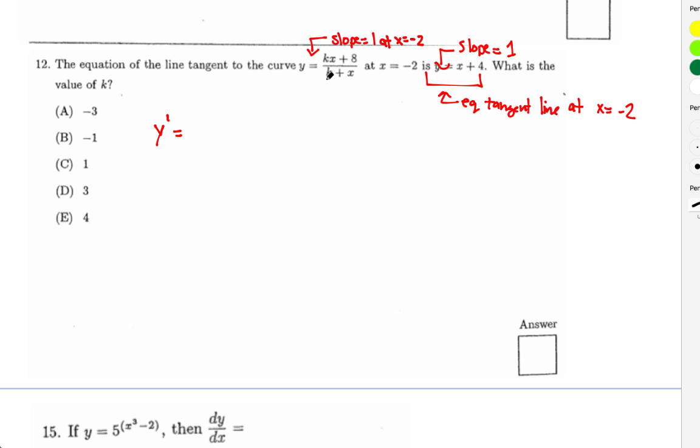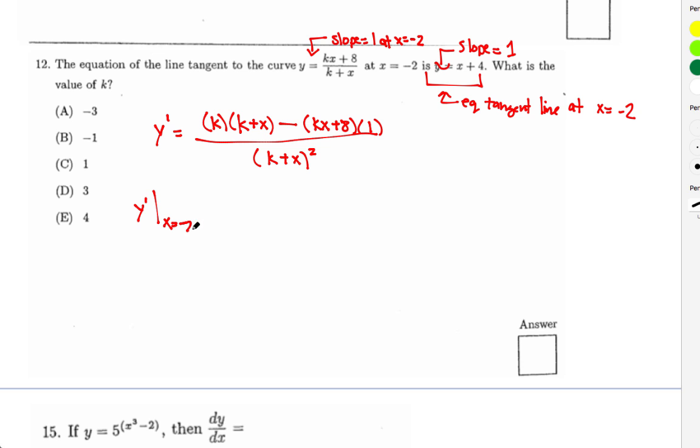So y prime equals the derivative of the top, which is k, times the second, minus, because it's a quotient rule, the first times the derivative of the second, and the derivative of that is just 1, all over the second squared. And so, of course, we're looking at this at a value of x equals negative 2. And so let's put that negative 2 in.